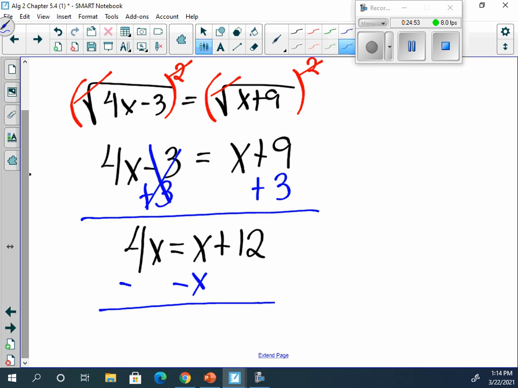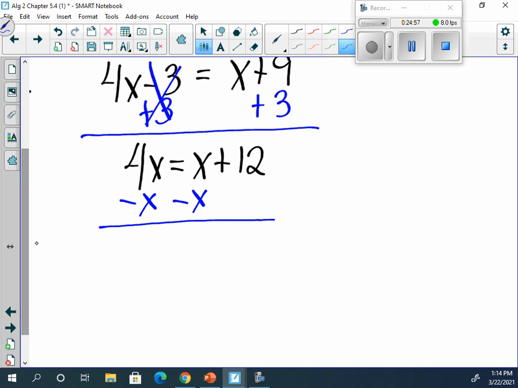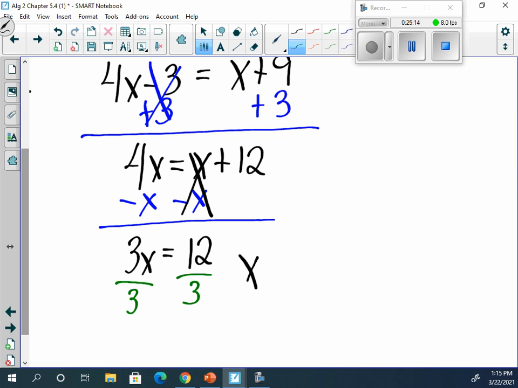And I would subtract x from both sides. 4x minus x would give us 3x equals, well, x minus x is 0, left with 12. And last but not least, we would divide by 3, telling us that x is equal to 4.